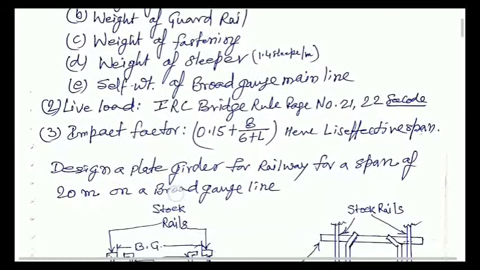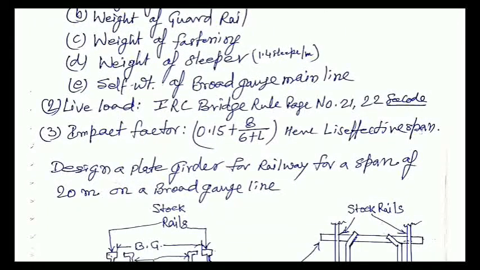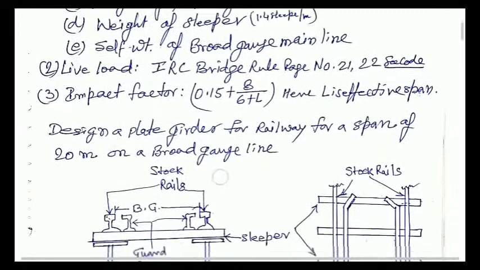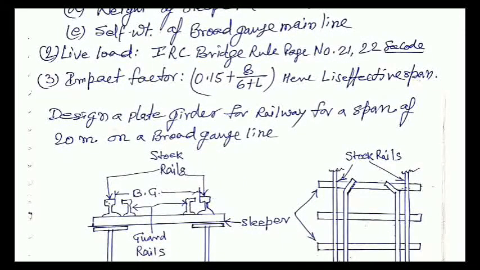Now come to the live load. We have to take live load according to the IRC bridge rule, page number 2122, and we will take the live load from there. Third, we will take the impact loading. For impact loading, we first have to find out the impact factor.